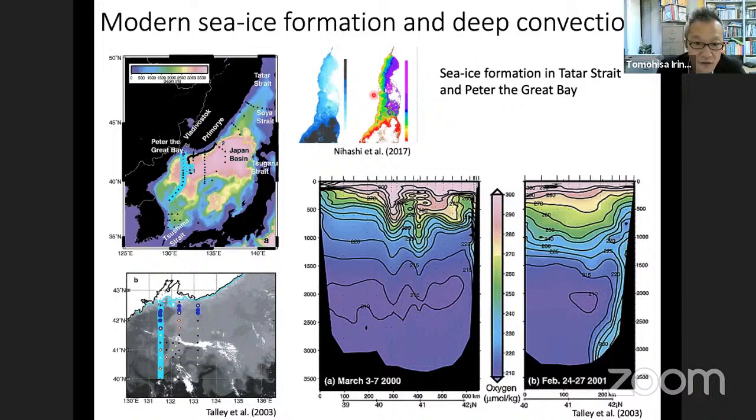Sometimes super cooled water forms here and here, or the brine formed during the sea ice formation subsides into the deep Japan Sea basin, and penetrates the basin floor. So it is monitored like this.